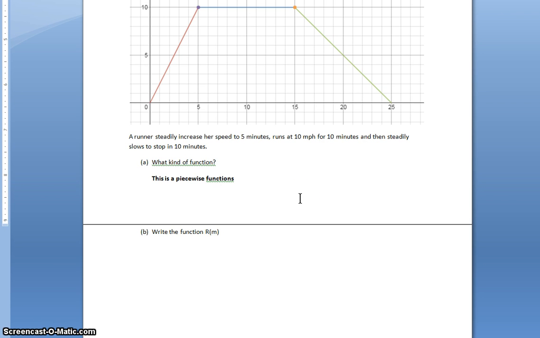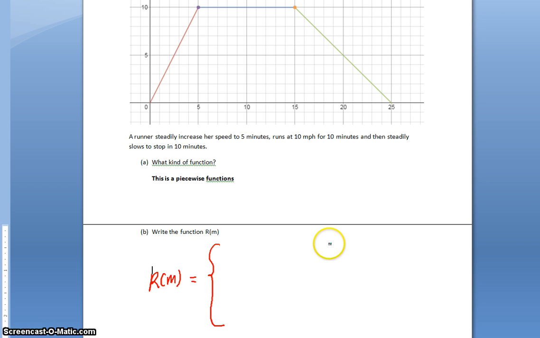So let's see. This R(m) is my function. There are three pieces to it. The first piece is between minute 0 and 5. Since my input is m, I use m as a variable here. m stands for minute.